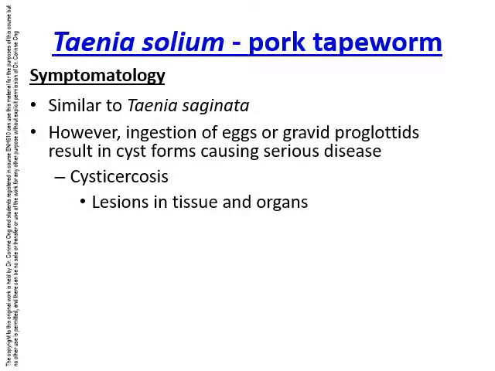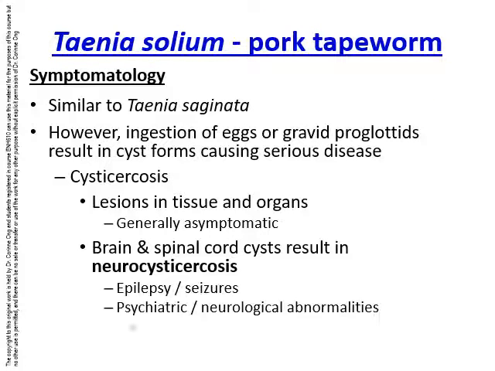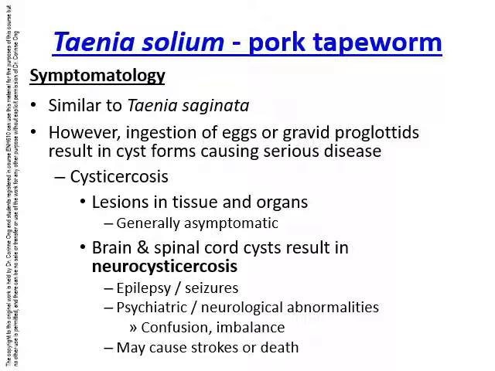Symptoms of pork tapeworm infections are similar to beef tapeworm infections. However, there is one big difference. Ingestion of pork tapeworm eggs or gravid proglottids results in cyst forms causing serious disease. This condition is called cysticercosis. Although there are generally no symptoms, lesions can develop in tissue and organs.